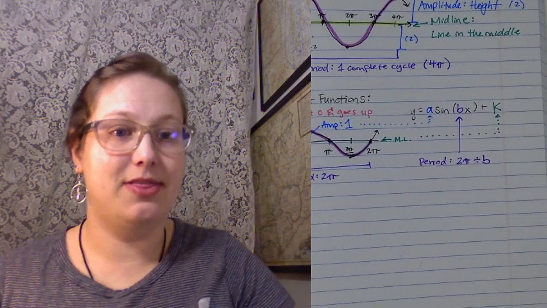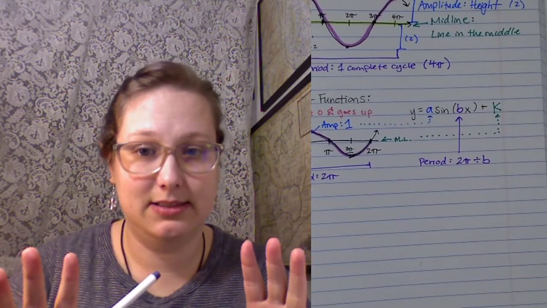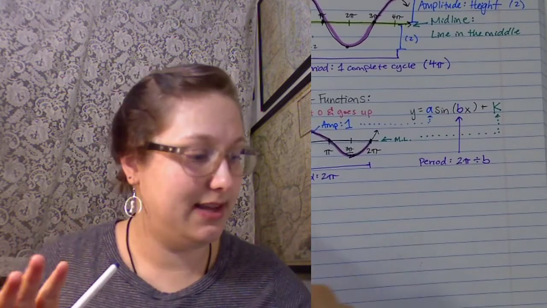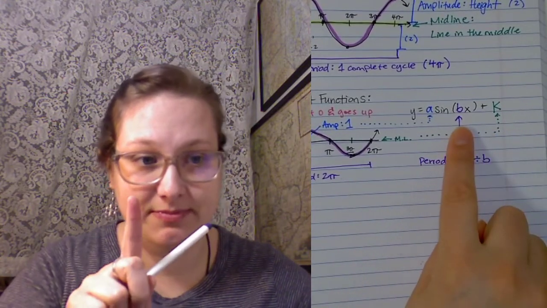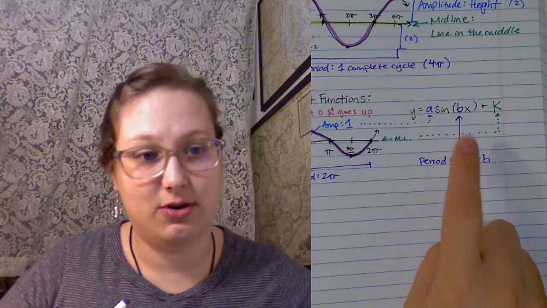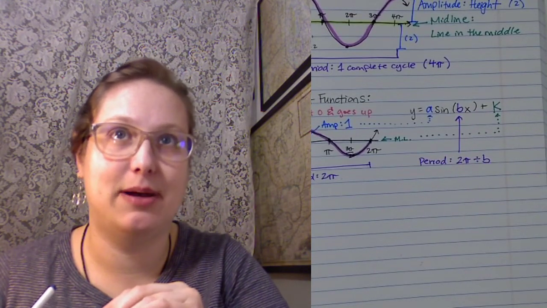Okay, so in this case, b is 1. b is not 2 pi. In this case, because my period is 2 pi, if I do 2 pi divided by 2 pi, I get 1. So this is not a direct correlation. The other two are easy. They're direct correlations. Nothing's different about them.